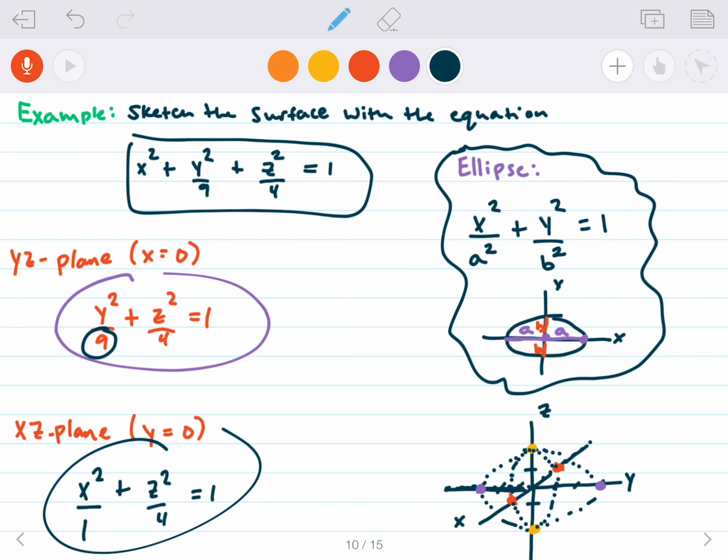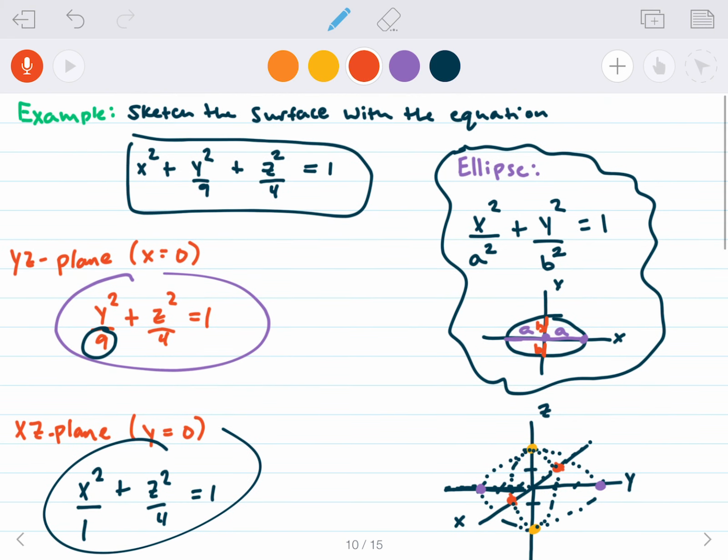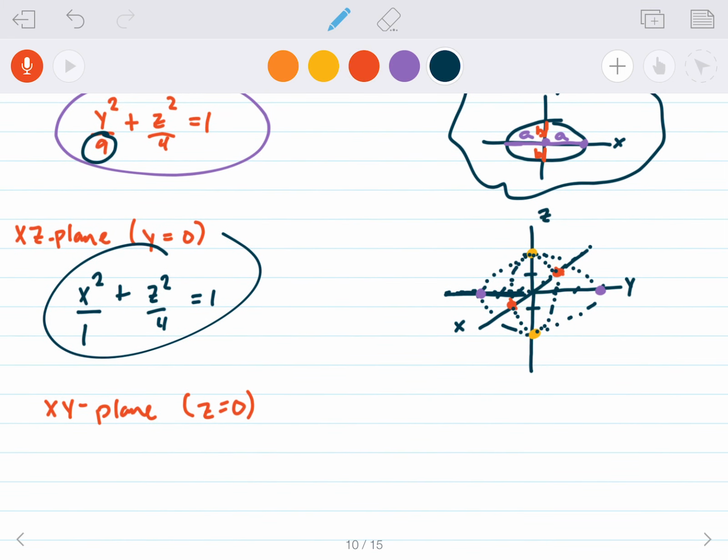And finally, let's take a look at what is happening in the XY plane. That occurs when z is equal to 0. So when z equals 0, this clears, and I'm just left with x squared plus y squared over 9 equals 1. Keep in mind this is over 1. So again, we have an ellipse in the xy plane. In the x direction, we have a radius of 1.